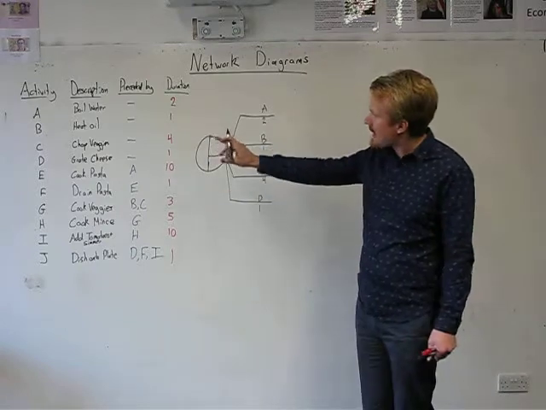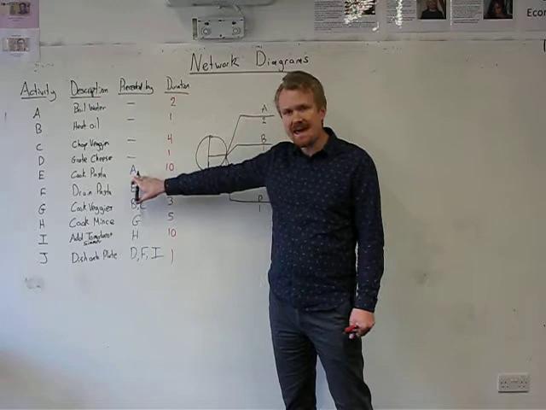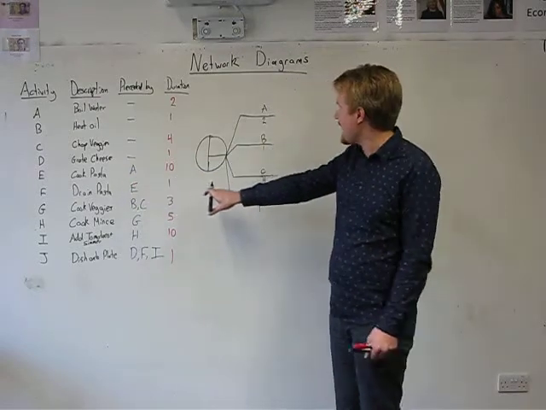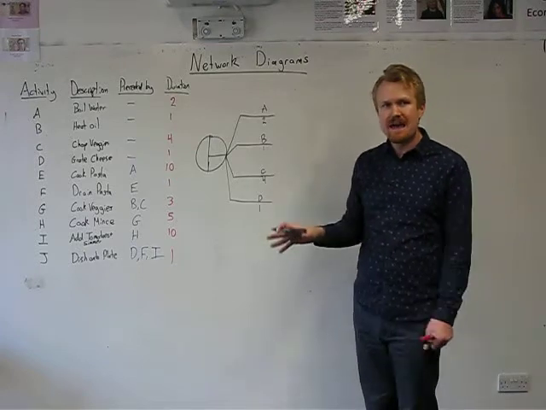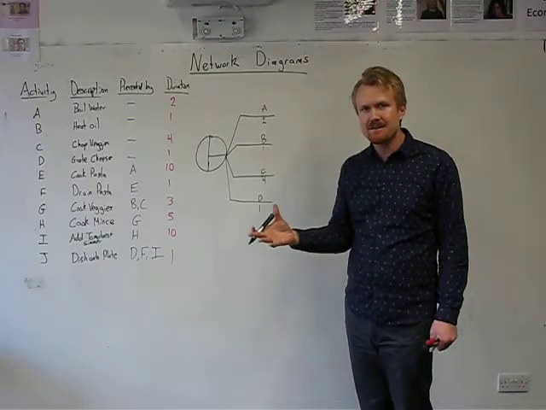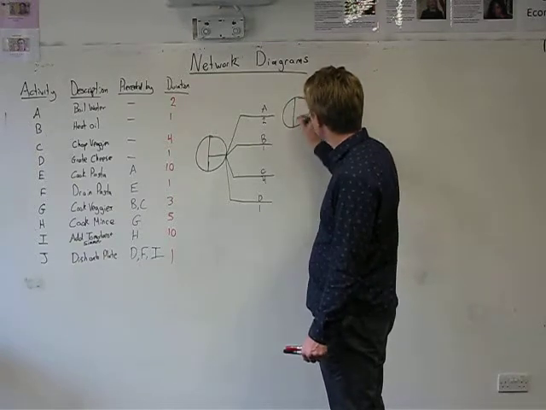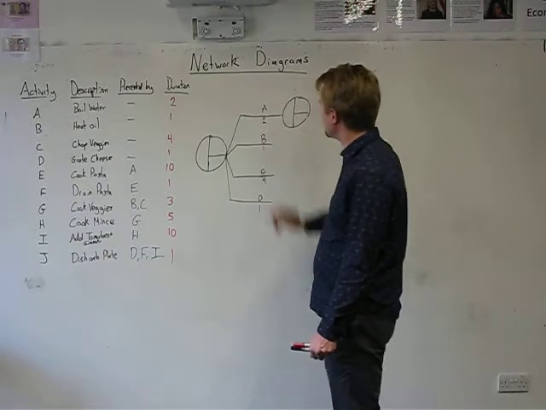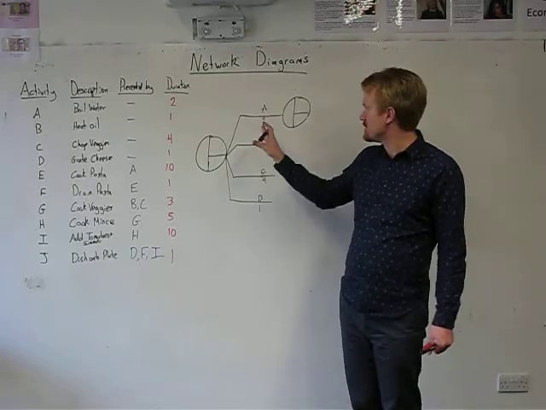So we've done tasks A, B, C, and D. They're now represented in the diagram. Task E is dependent on task A. So I look at the diagram and I say, I need to have a moment in time in which task A is completed so I can begin task E. So I draw another node here, and that's when I sort out A. I say, right, A has to be completed, and there's a moment in time at which that's happened.